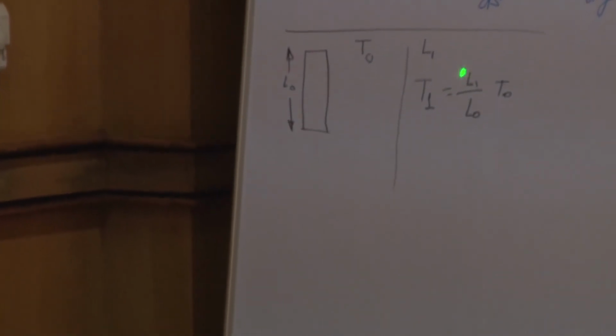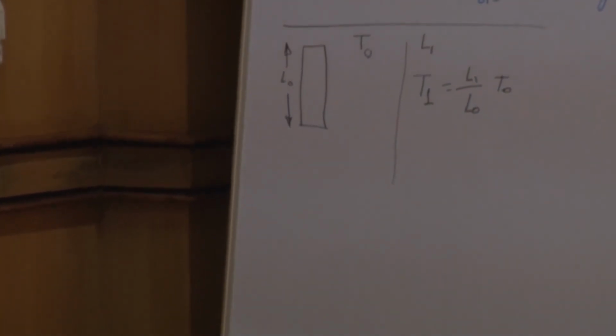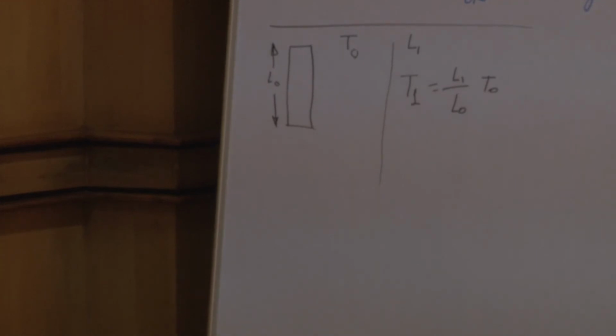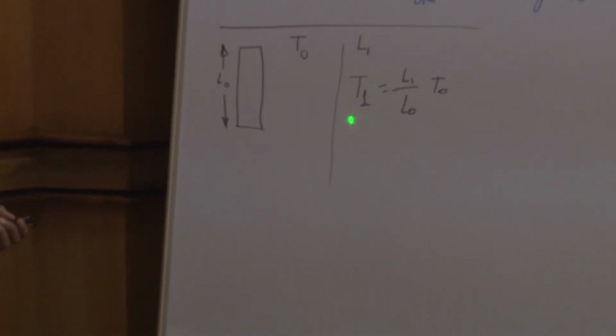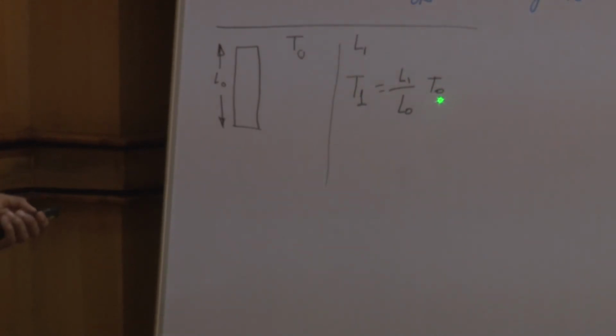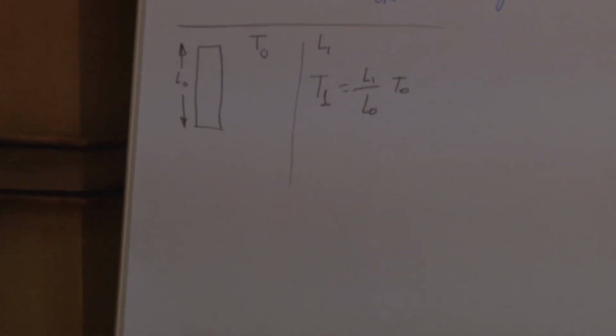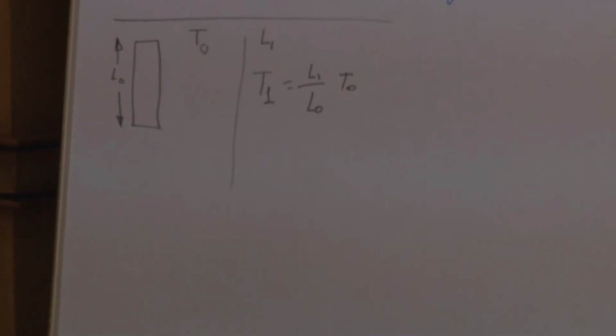So my simplest estimate of what would happen for other conditions, where I have changed the length of the column, is that my new travel time distribution is simply a function of the old PDF. Since t0 is a random variable, L1 over L0 is a constant. So I know what the PDF of T1 is.